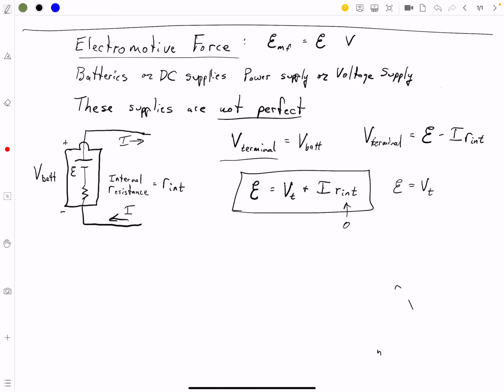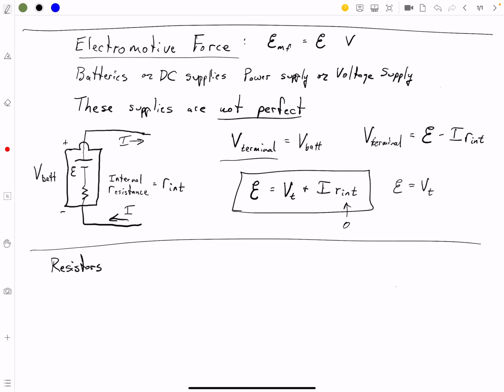But technically, in the real world, none of these things are perfect, so we have to include an internal resistance. Yeah, I don't have much more to say about that, actually.